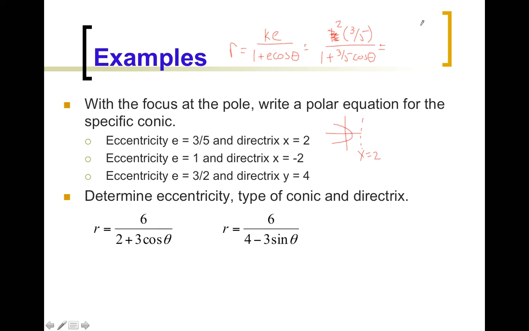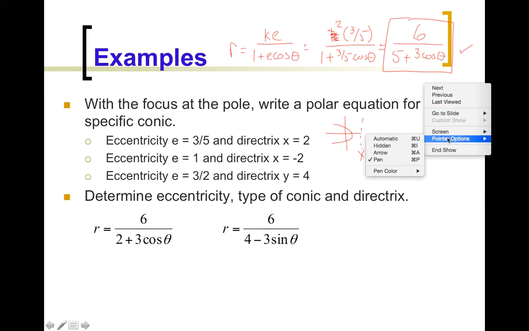So 2 times 3 is 6 over 5 times 1, which is 5. 5 times 3/5 is 3, and cosine theta. And there we go, that's our entire equation for the polar mode. So some of these problems are going to be kind of easy, others not so much.